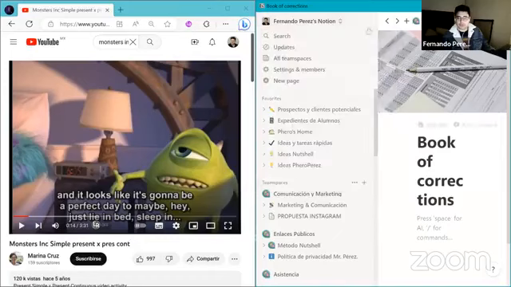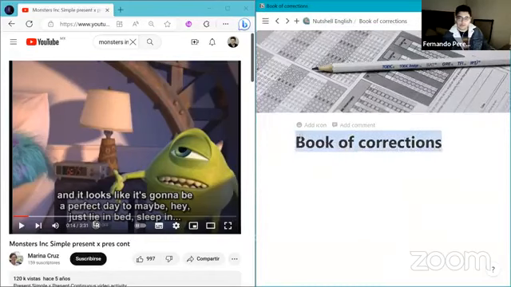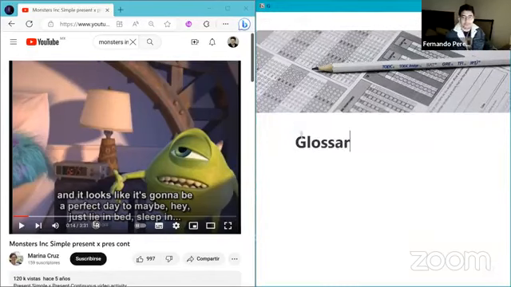Let's use the book of corrections. The verb looks, it looks like, is an expression, take a note, to give predictions.